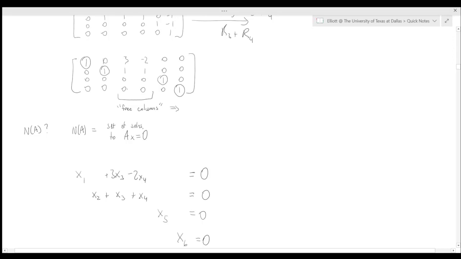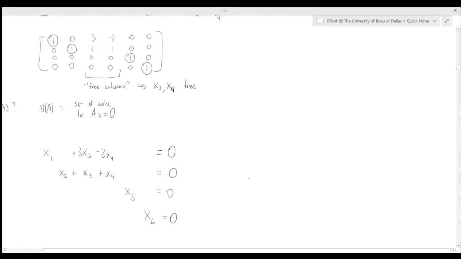All right, but because these columns don't have pivots, that means that the 3rd and 4th variables, we'll choose these 2 variables to be free. So x3 and x4 can take on any value. Therefore, we're going to assign to them a parameter.